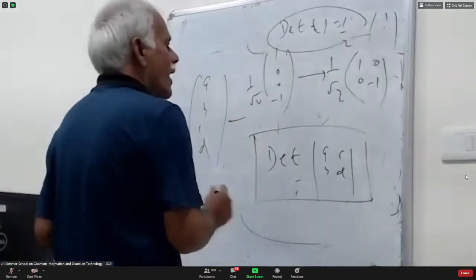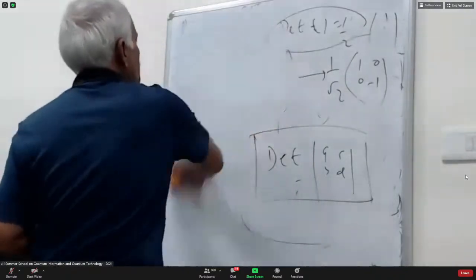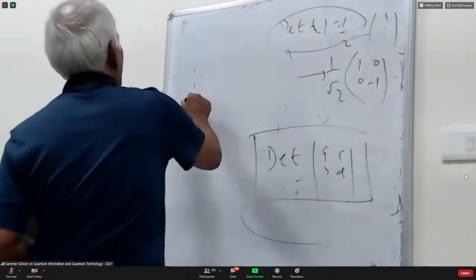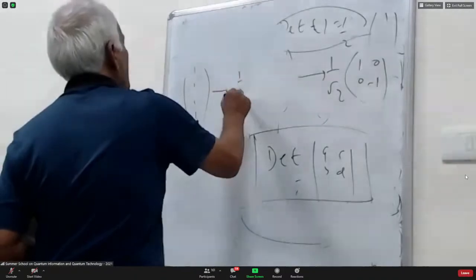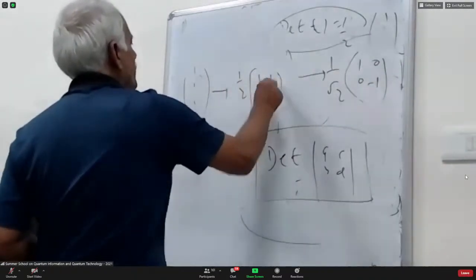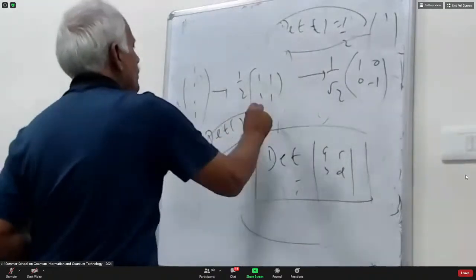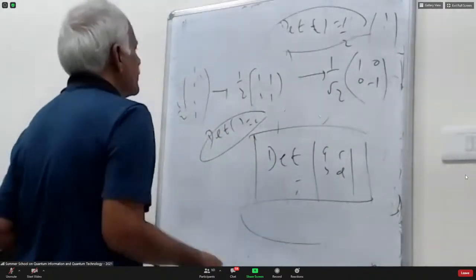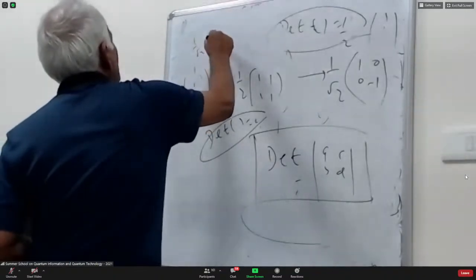Take the magnitude, it is half. Oh, that's correct. Now if I get the other state 1, 1, 1, 1, the matrix is 1/2, 1, 1, 1. Determinant is 0. Okay, so it is not entangled. Then I figure out it's not entangled because it is a product.